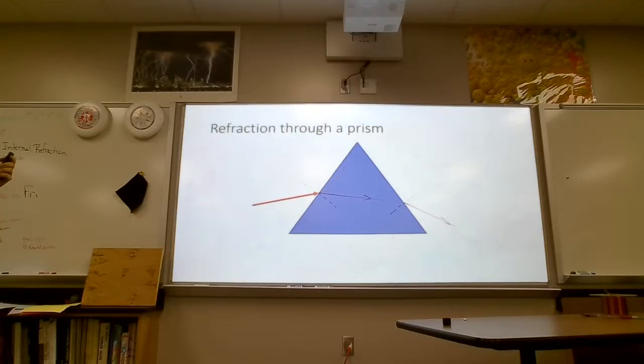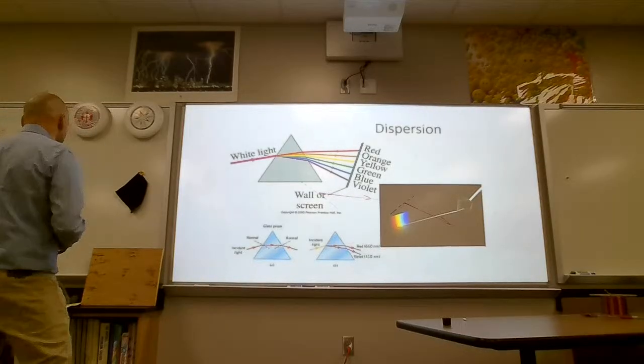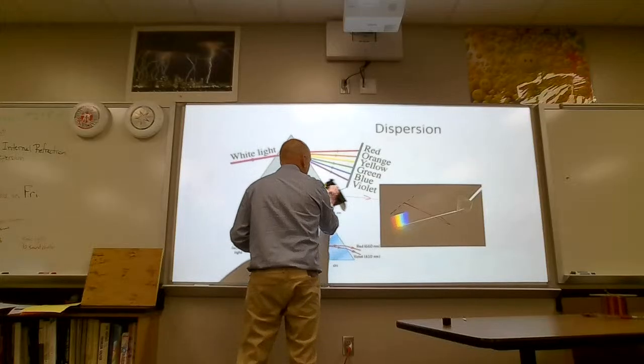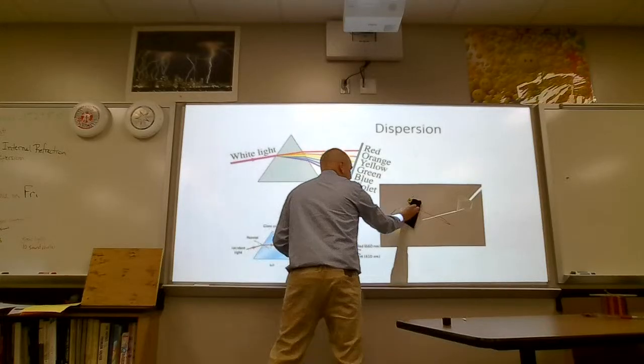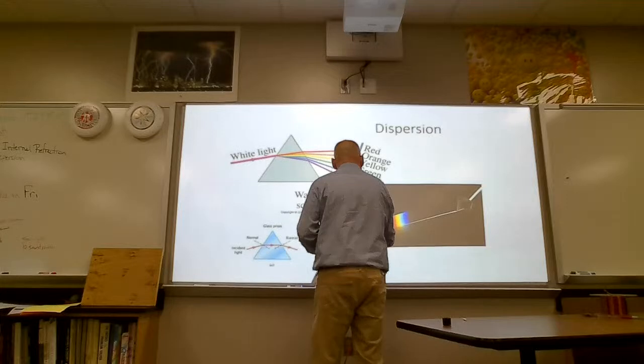Side by side. Okay. Now, you see how much refraction's going on there? If you make white light experience a lot of refraction, it actually separates out into the colors, the color spectrum. This is known as dispersion.